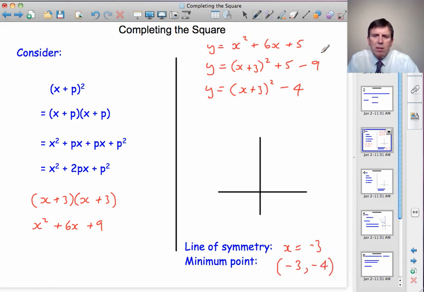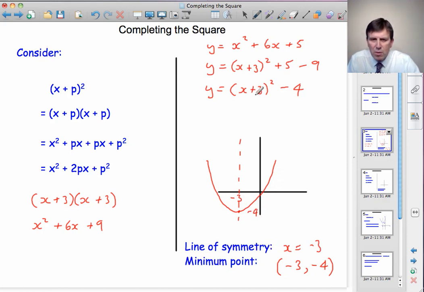So writing the function in this form enables me to identify a line of symmetry at x is minus 3, and it enables me to identify the coordinates of a minimum point. And that's the point (minus 3, minus 4).